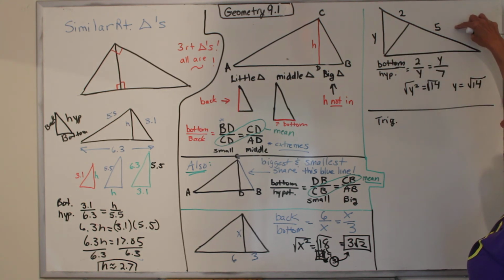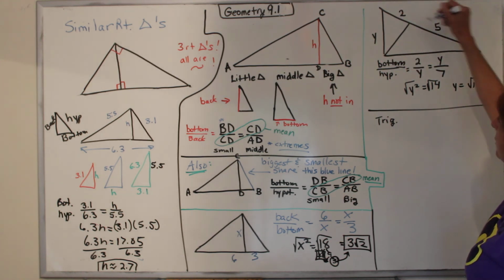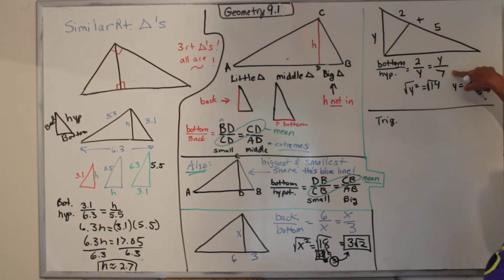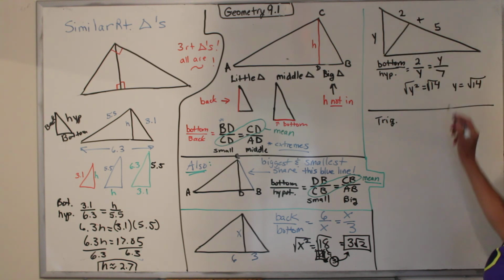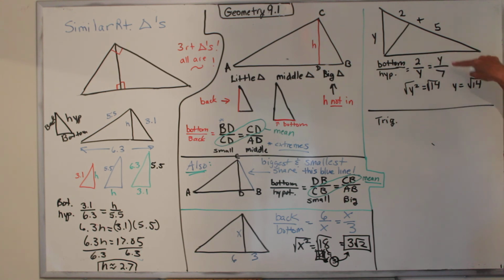For my big triangle, the bottom is y, the hypotenuse is 5 plus 2, which is 7. It's that whole line. So I can cross multiply and solve. Y times y is y squared. 2 times 7 is 14. Take the square root of both sides. Y equals the square root of 14, because 14 is made out of 2 and 7, no twins, nobody gets out of jail.